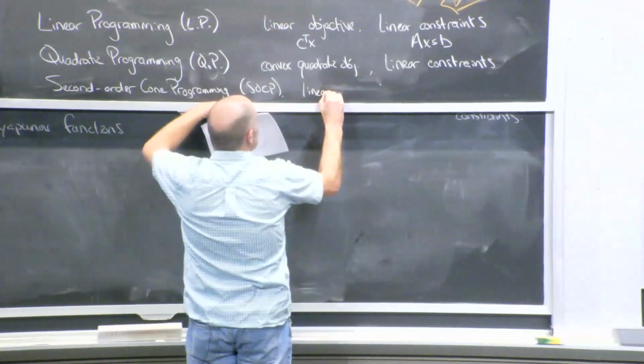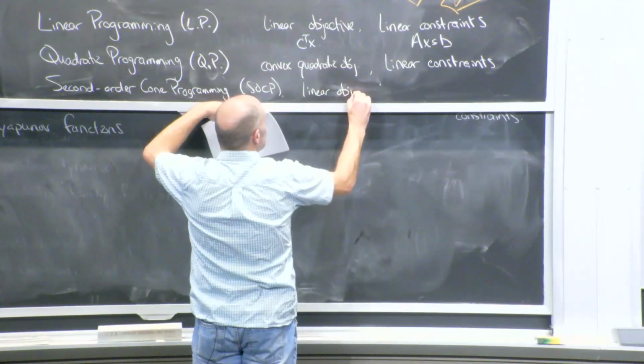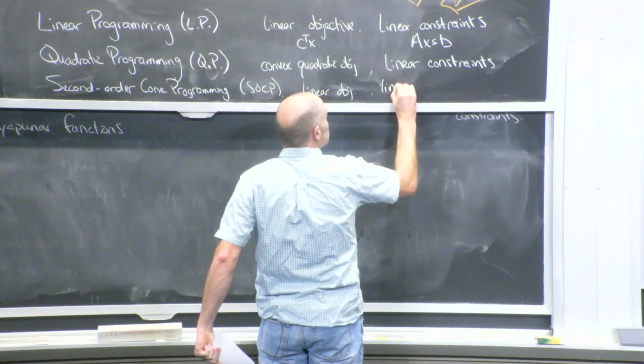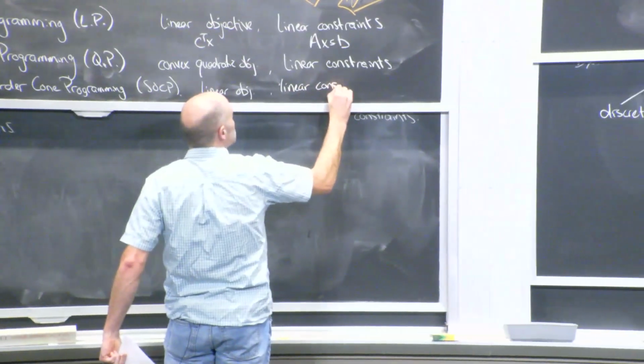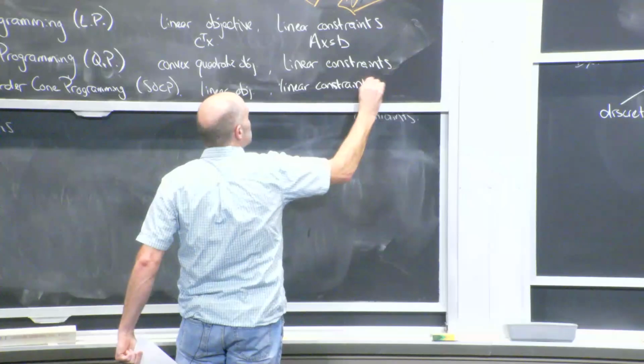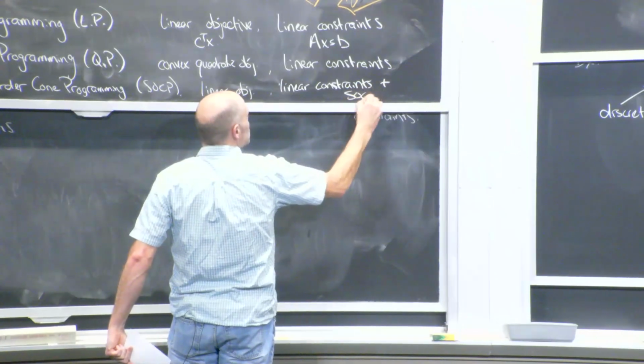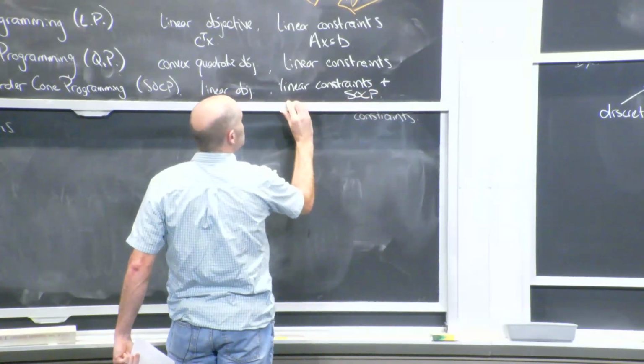By convention, SOCP is a linear objective, linear constraints, plus ice cream cone constraints.